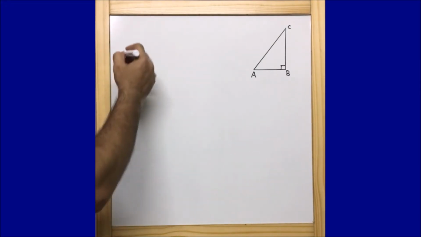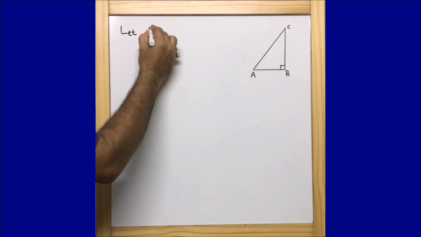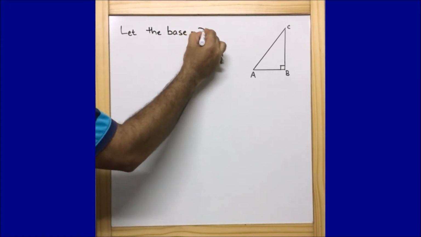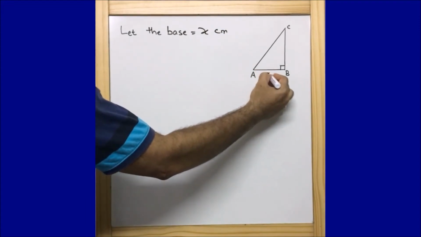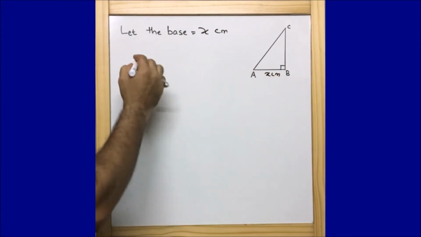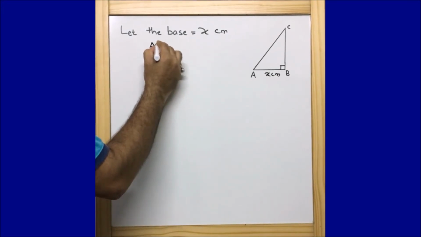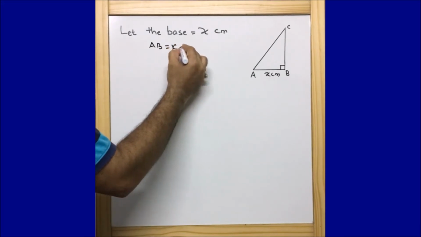Okay, let us assume the base to be x centimeter. Let the base be equal to x centimeter. So I am writing base as x centimeter. If base is x centimeter, that means AB is equal to x centimeter.